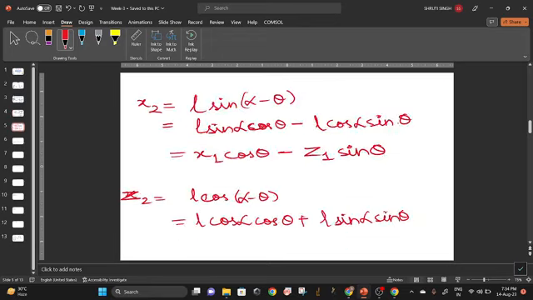That is fine, but here the matrix should not change. If we see, we will get cos theta and minus sin theta. You are getting it? Yes, ma'am.